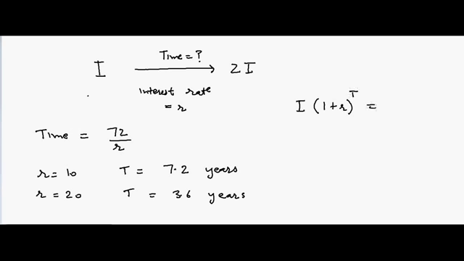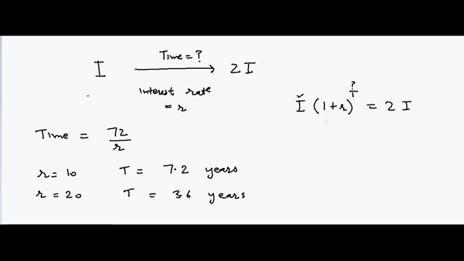So that should be equal to 2I. So this is our initial investment, and then we have an interest rate every year, and this is compounded every year, so that will become 2I after a certain time. And we want to calculate what the time should be.